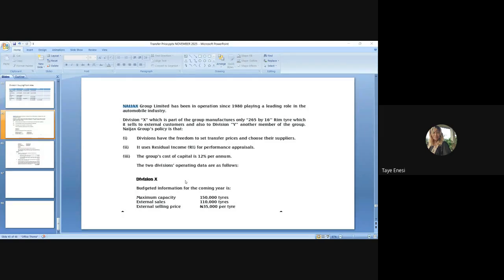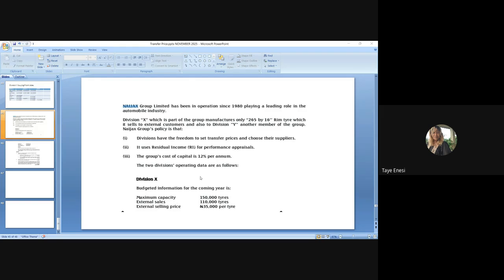Niger Group Limited has been in operation since 1980, playing a leading role in the automobile industry. Division X, which is part of the group, manufactures only 265 by 16 rim tire, which it sells to external customers and also to Division Y, another member of the group.